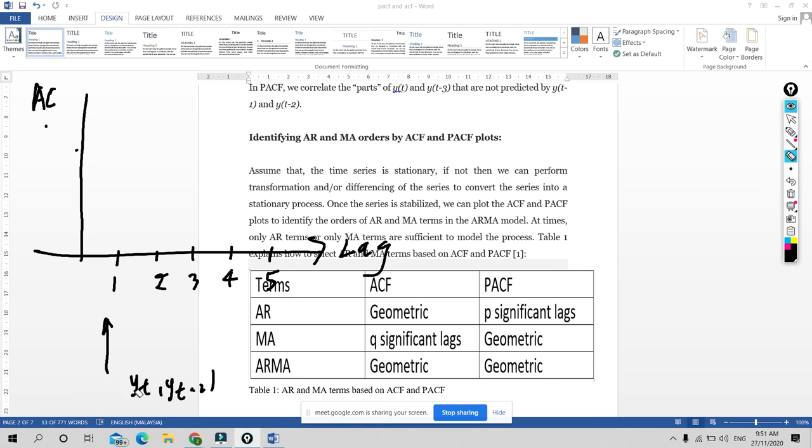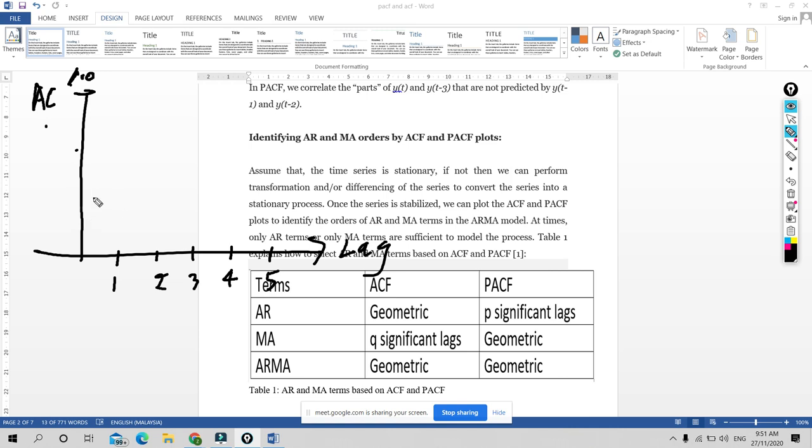The value here is a correlation between Y_t and Y_{t-3}. Let's say I have P here, ada banyak lagi. The value here is a correlation between Y_t and Y_{t-P}.